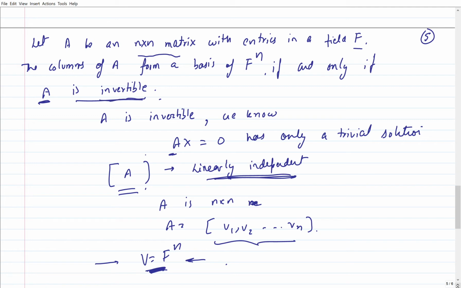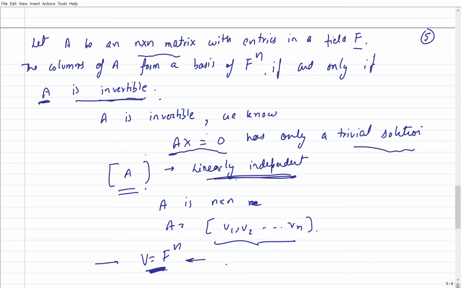We showed it through linear independence. We essentially argued that we consider the equation Ax equals 0. There's an intimate connection between linear independence and this equation having only a trivial solution.